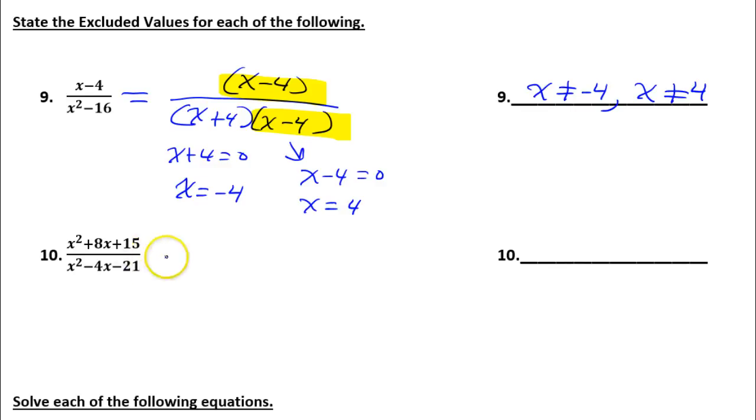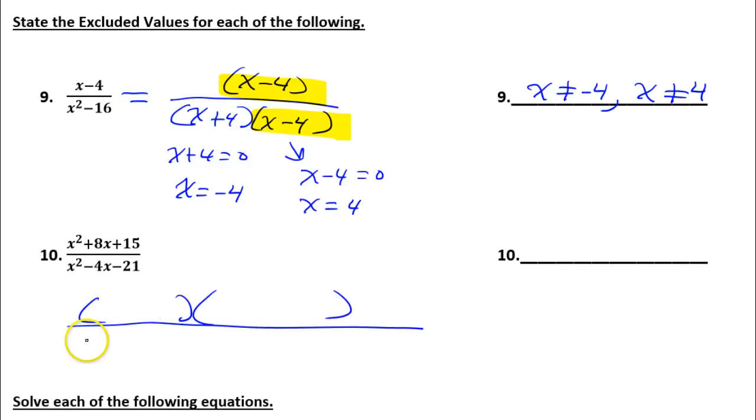All right, so similarly, I will factor this. Actually, I'm not even going to factor the numerator because it doesn't matter, only the denominator. So if I factor this, x squared is x times x. 21 is surely going to be 3 times 7. To make negative 4, right? Inner plus outer equals middle.